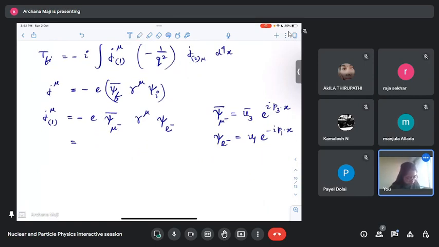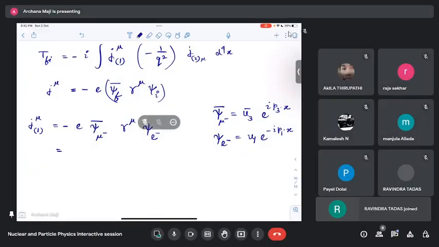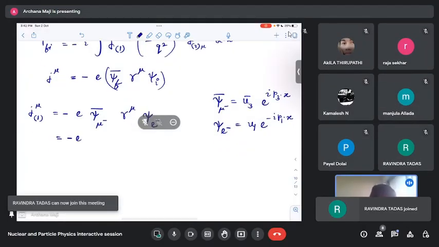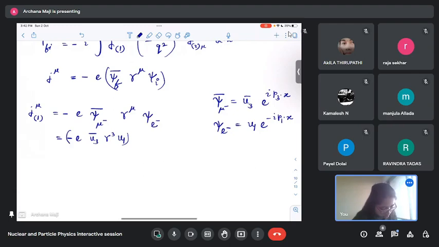So if I replace here, I get u3 bar gamma mu u1 and then exponential minus i p1 minus p3 dot x.